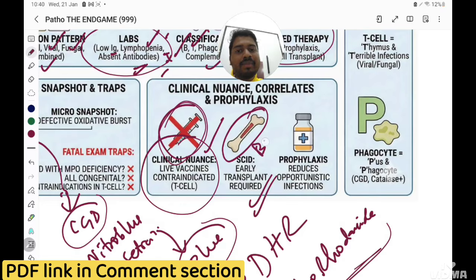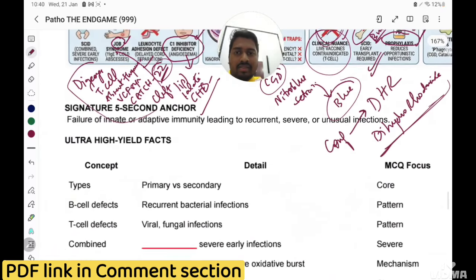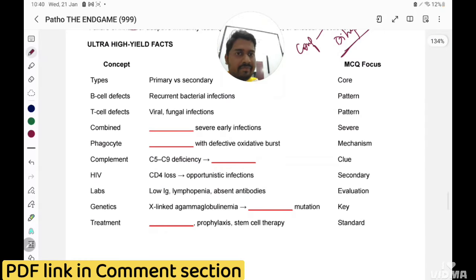These babies are known as bubble babies, because you might have seen some movies where the child is within a bubble, because if they come out they'll be prone to infection. We use prophylaxis, especially cotrimoxazole, which is sulfa, trimethoprim and sulfamethoxazole. So we'll go towards solving questions.